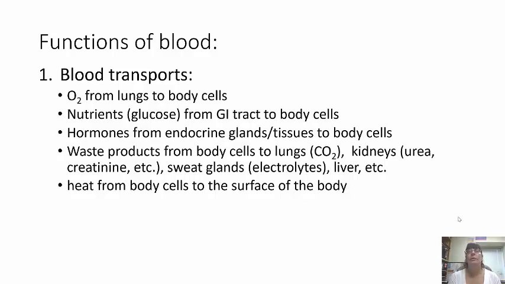So first off, the functions of blood, the most important probably, is that it transports things. It's going to transport oxygen from the lungs to the cells in the body, and in return, transport carbon dioxide from the cells of the body to the lungs so that we can get rid of it.